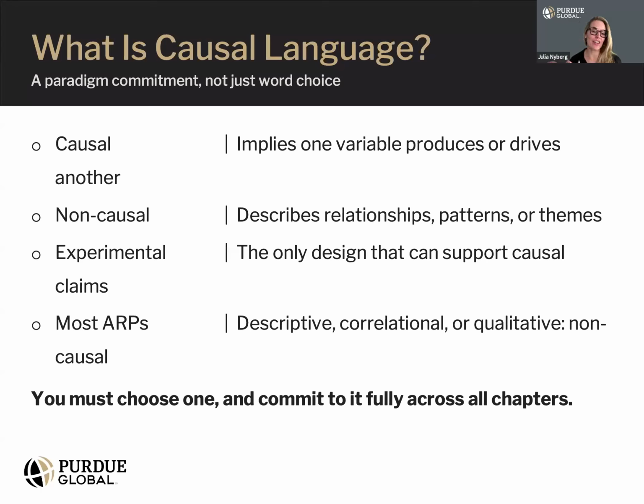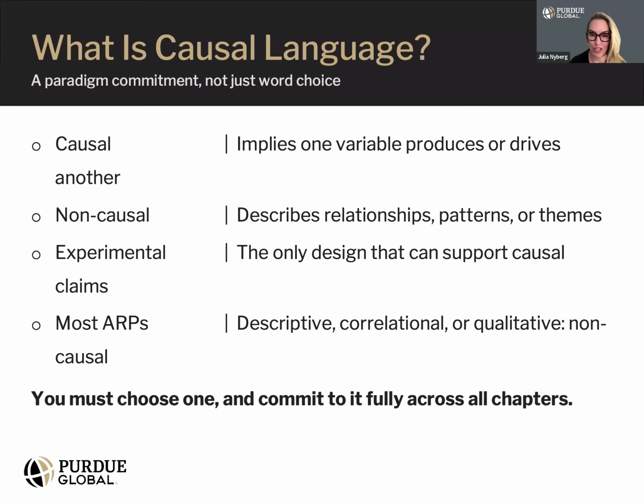Non-causal language, on the other hand, describes relationships, patterns, or themes without claiming direction or mechanism. It includes language such as associated with, related to, a theme emerged, participants described, findings indicate.